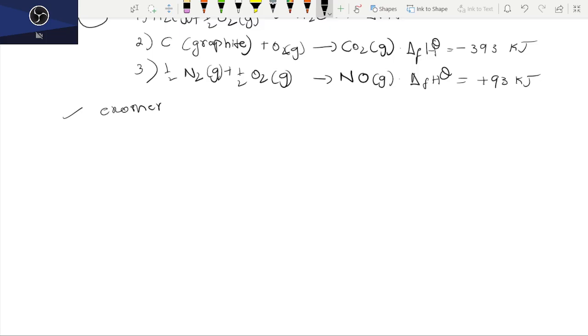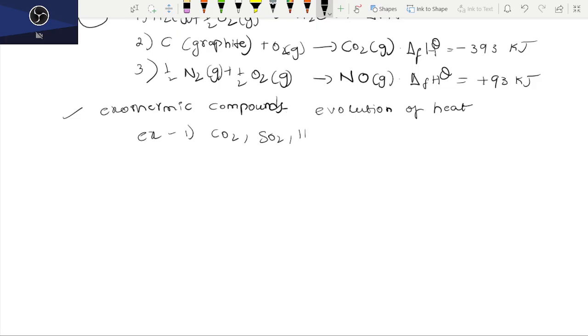The compound formed due to evolution of heat is called an exothermic compound. Examples for exothermic compounds: first one, CO2 formation, already told you, SO2 formation, water molecule formation, CH4, etc. How are they going to be formed?